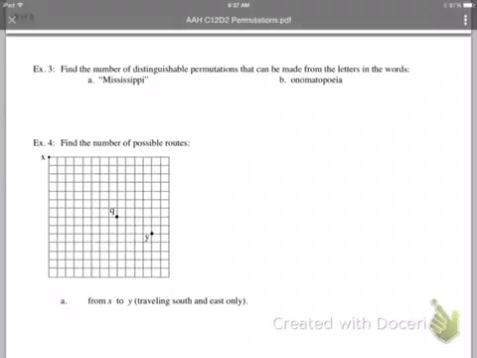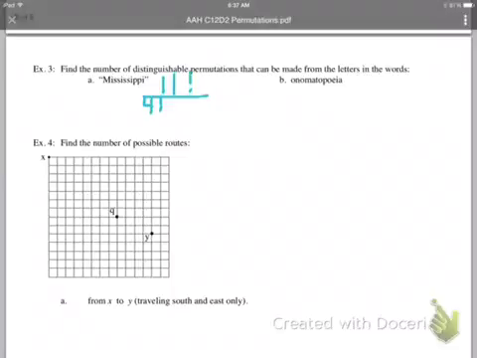Okay, so I'm looking at Mississippi and realizing there are 11 letters, so I'm going to write that as 11 factorial, 11 times 10 times 9 times 8 times 7 times 6, and so on, divided by... the S's are repeating, and there are 4 S's, so I have to take those away.